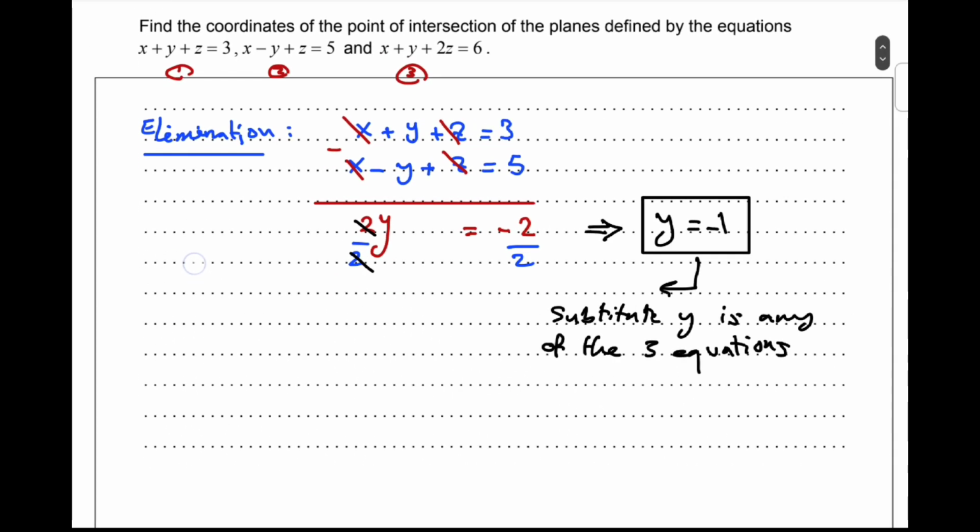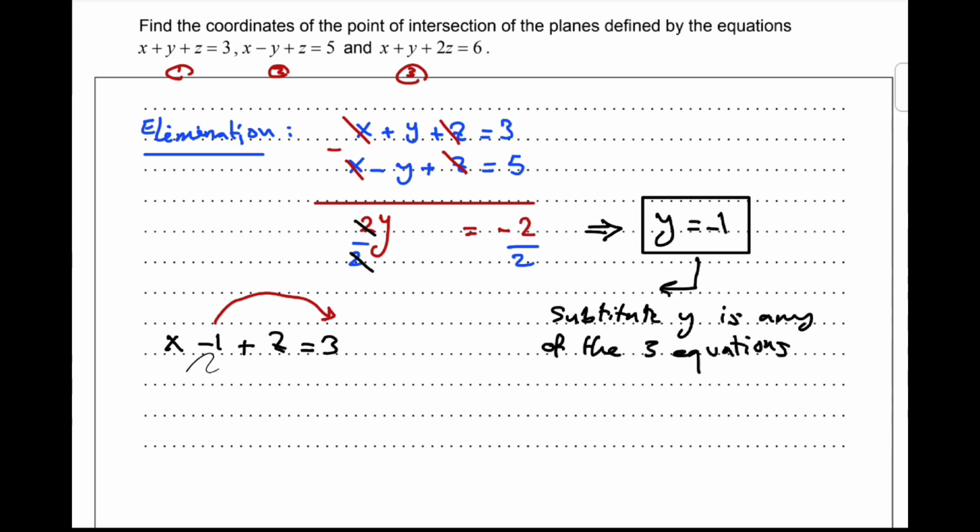Take the first one, x minus y plus z equal to 3. You take the minus 1 to the other side, collect terms, and this becomes x plus z equal to 3 plus 1. So you have x plus z equal to 4.